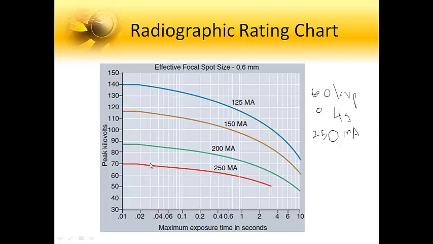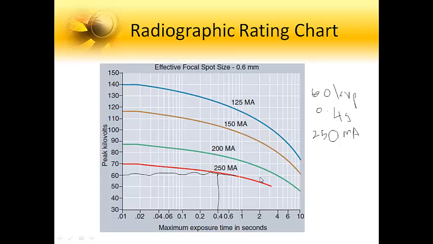So we go to 60 kVp, we have the straight line, and we have 0.4 seconds under this. The intersection is below the 250 mA, below the red curve. So from here we can say these parameters are safe. This is a safe exposure.